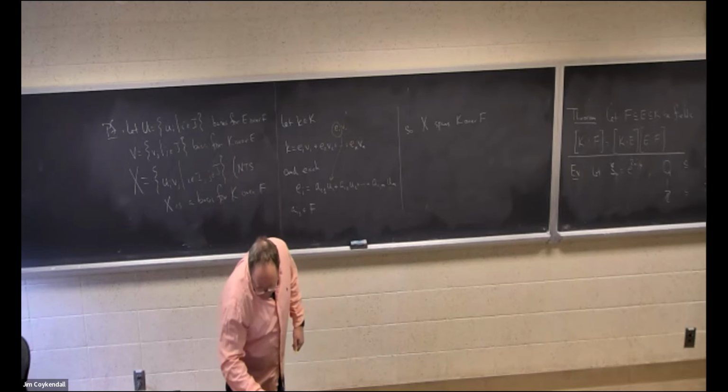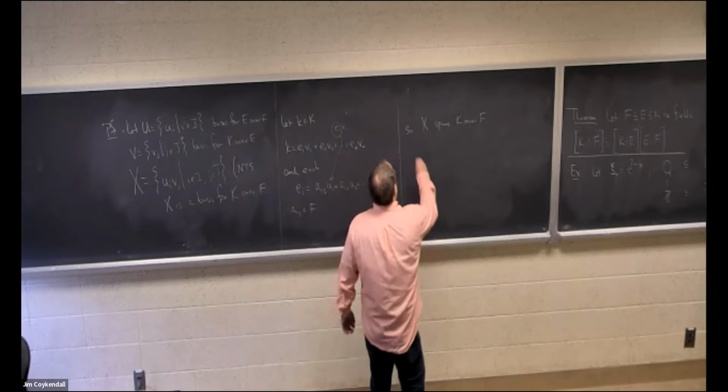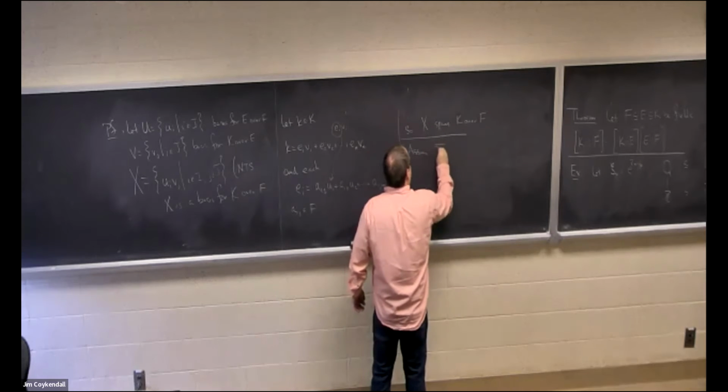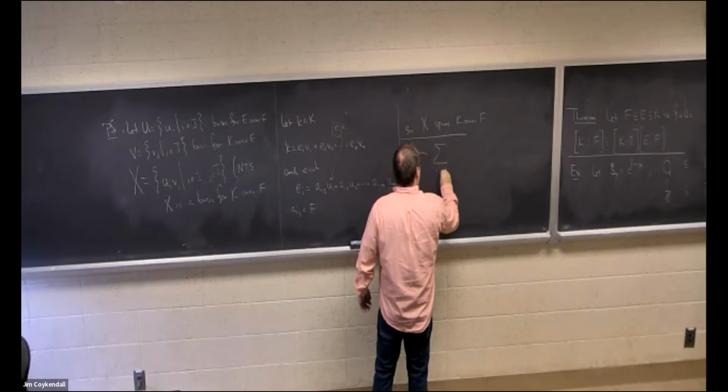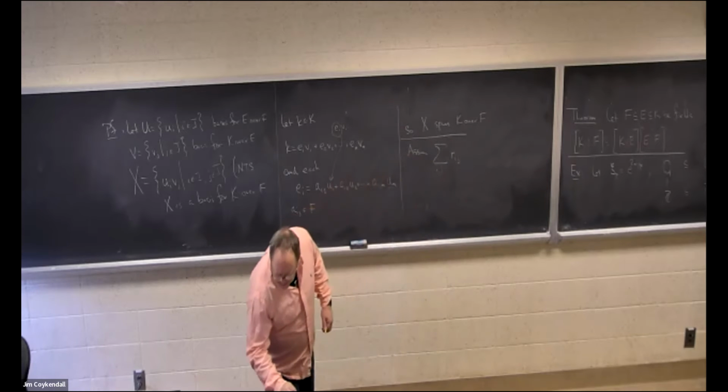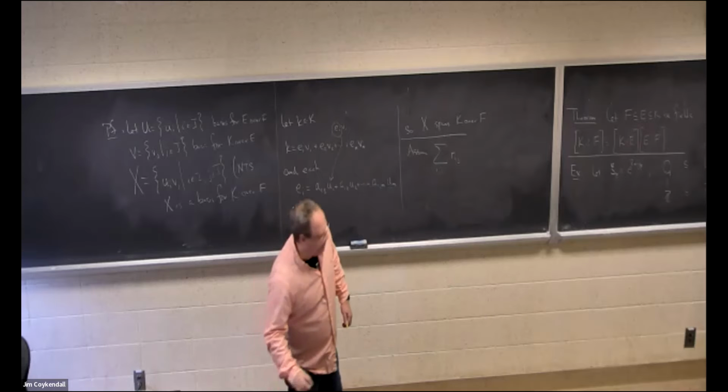Okay. And let me see how quickly we can get linear independence. Let's assume the sum of r_ij u_i b_j equals 0.